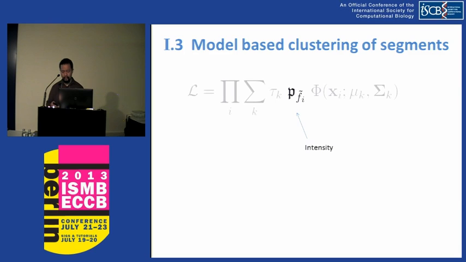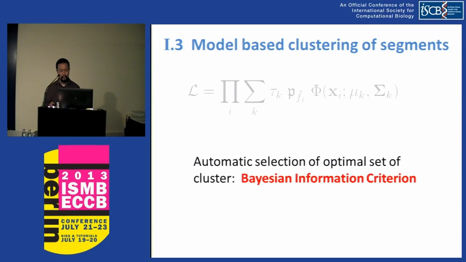We use expectation maximization to optimize the parameters of this clustering, and then use the Bayesian information criterion to find out the optimal set of clusters.